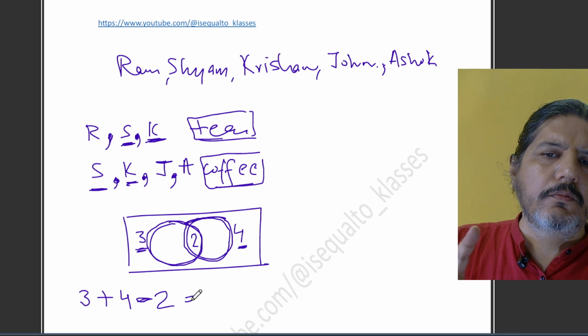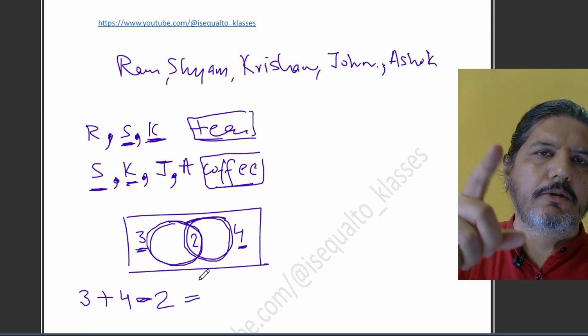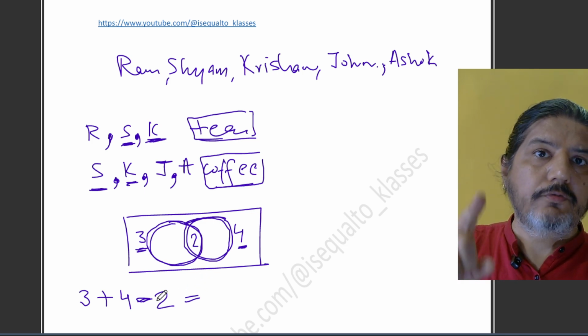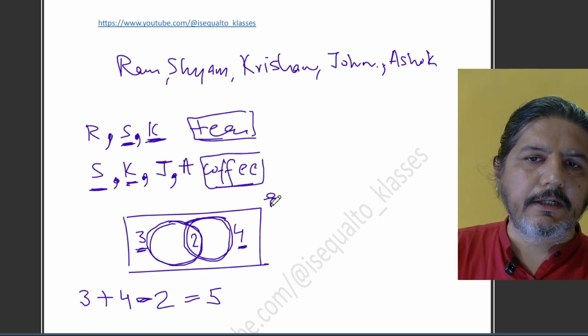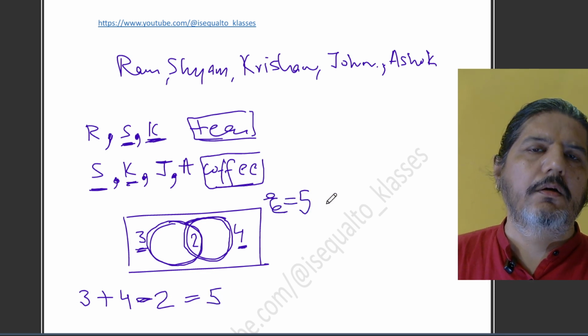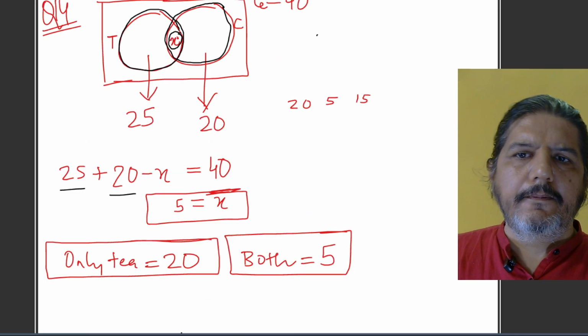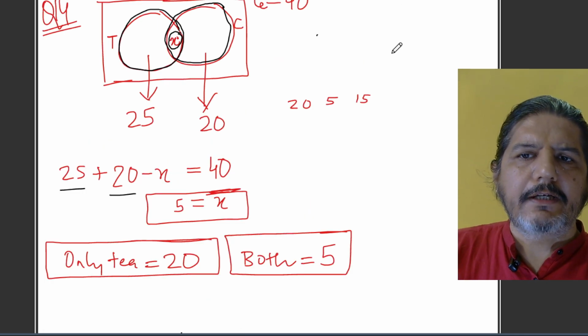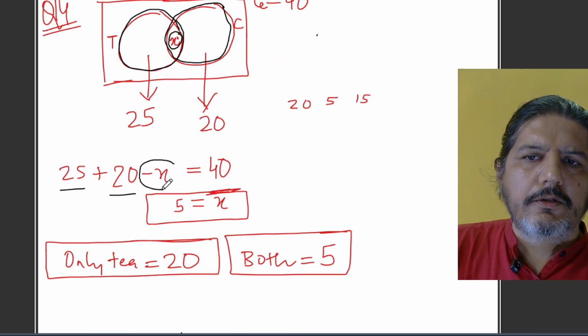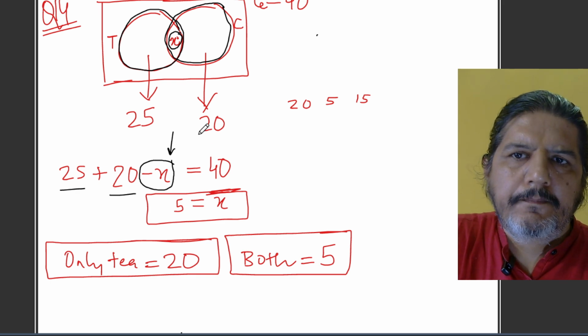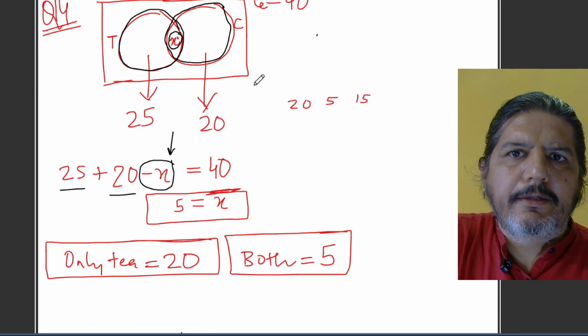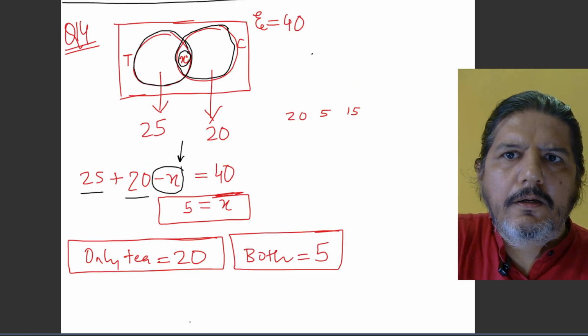So that is why I have to subtract 2 once from 3 plus 4. So 3 plus 4 is 7, 7 minus 2 is 5. And of course, the universal set has 5 people. So I hope now it is clear why this X has to be subtracted. This is a confusing topic, but I hope you are able to understand. If you still face any difficulty, please comment. I'll be happy to help you out.